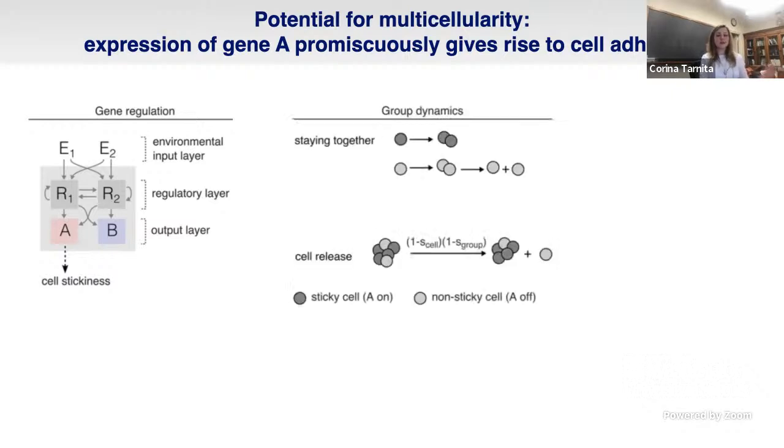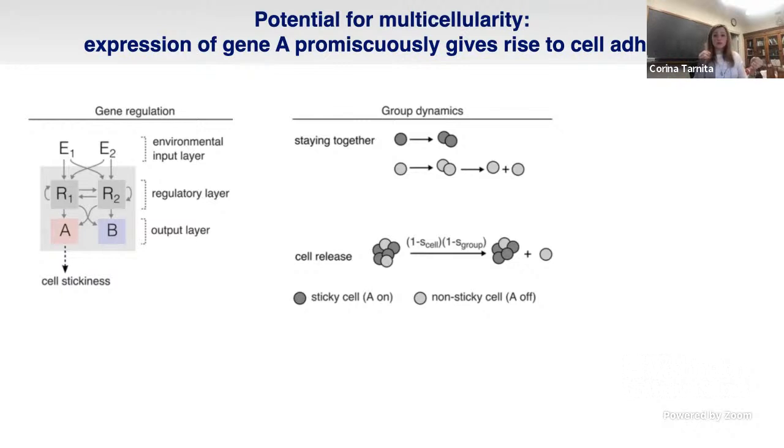And so the very simplest start of this model was to assume that we have a staying together dynamics. So this clonal development, not the aggregative development. Cells will reproduce. There will be a mother and a daughter that are very temporarily stuck to each other. If the cells themselves are not sticky, for example, because they're expressing gene B and not A, then the two cells will then immediately fall apart and division will end.